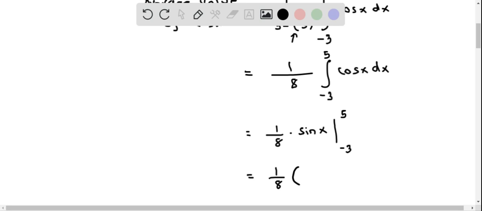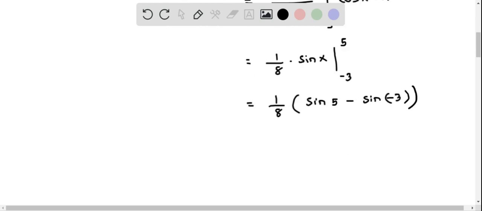And in the next step we replace the x by the upper limit 5, and so therefore this becomes sine 5. Then we put minus sine, and now replace x by the lower limit, which is negative 3. Let's simplify this. This equals 1 by 8, sine 5 minus sine of negative 3.